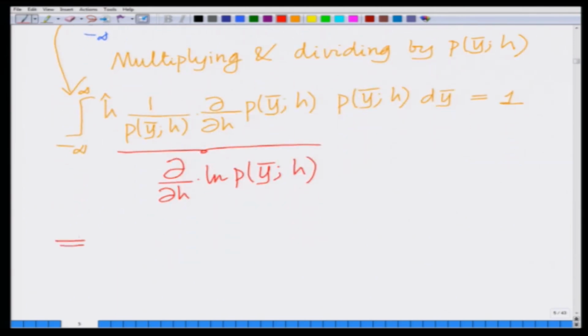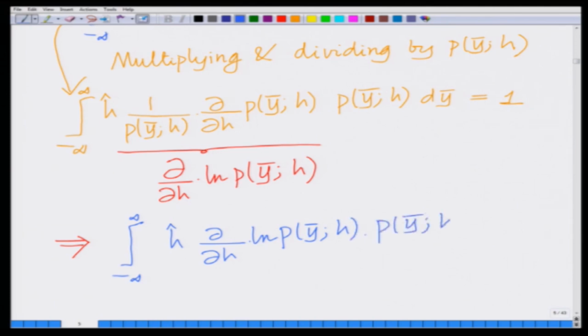Therefore, this implies that the integral from minus infinity to infinity of h hat times dou by dou h of log p of y bar parameterized by h, times p of y bar parameterized by h, dy bar, is equal to 1, and let us call this result number 2.